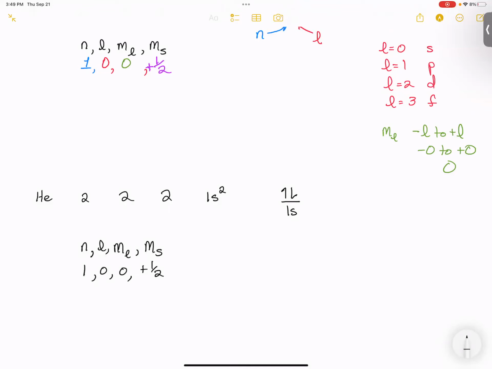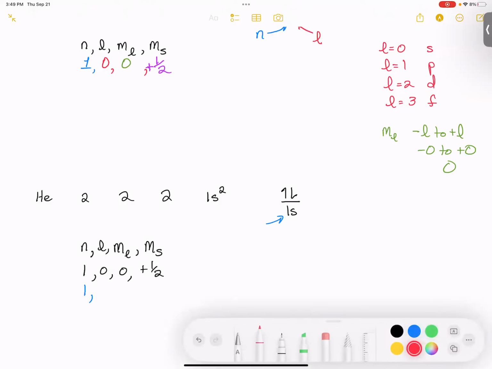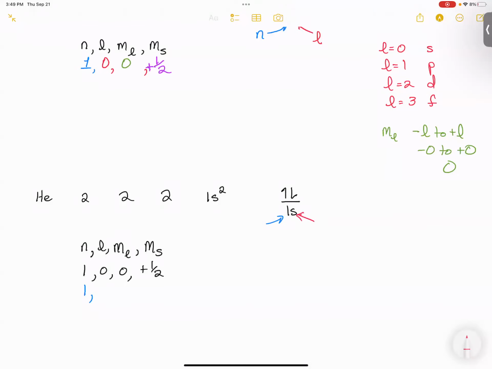But let's talk about the second electron. Again, N is decided by the numerical value. Your L is related to the letter.